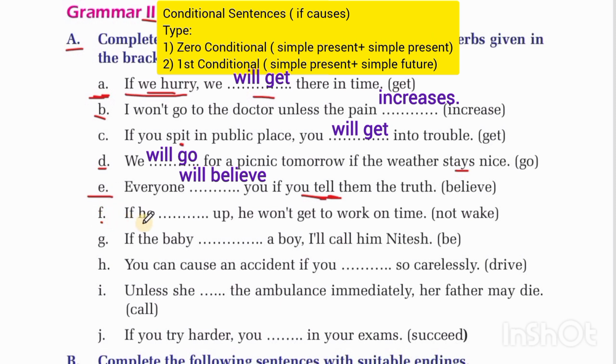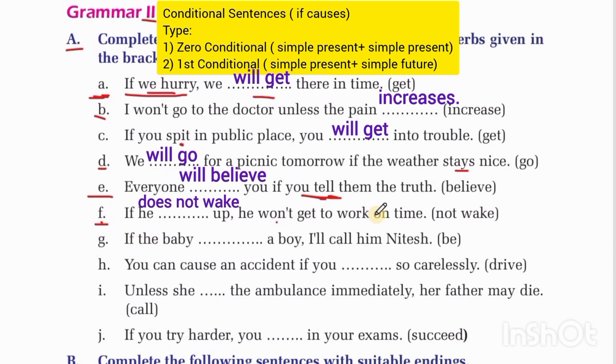F. If he does not wake up, he won't get to work on time. Does not wake up, simple present. Won't get to work, won't means will not get. Simple future. This is also first conditional.